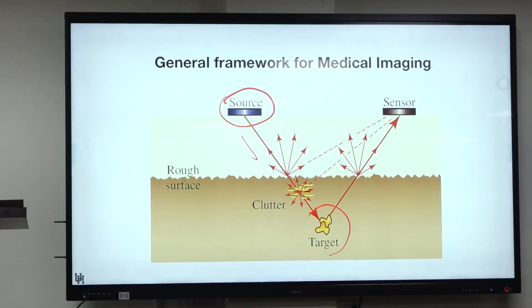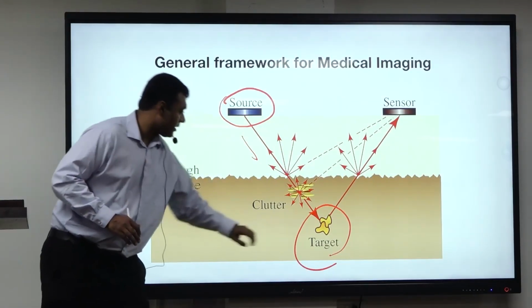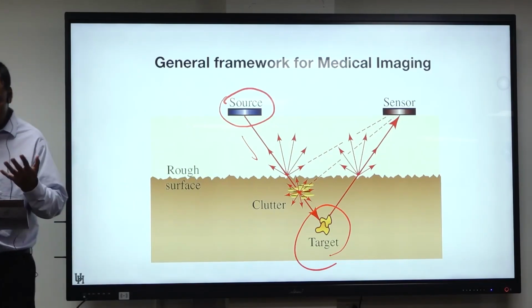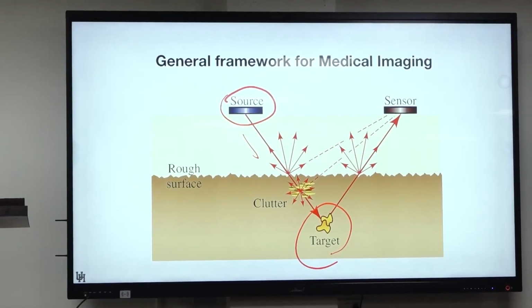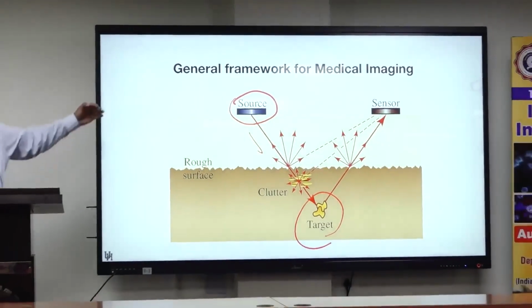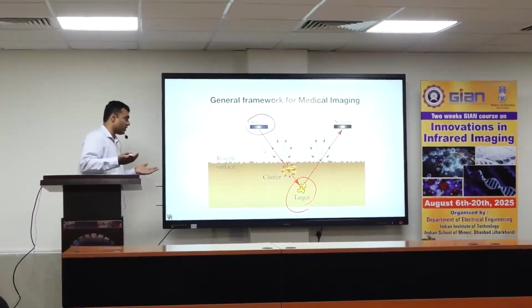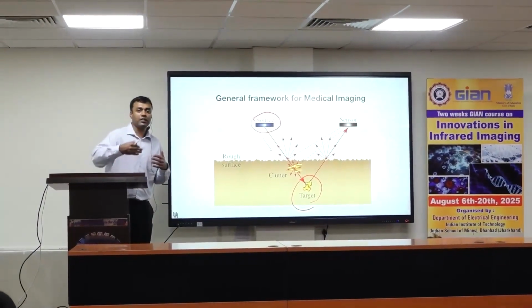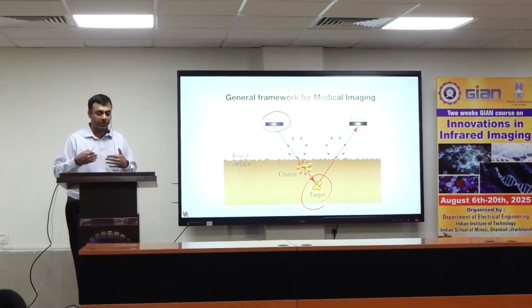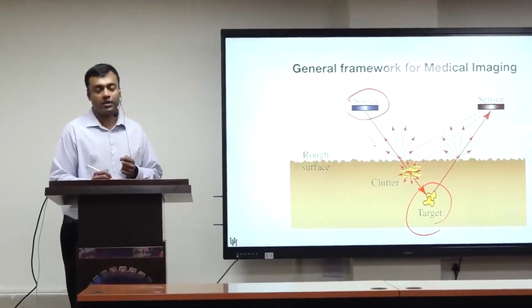There is something of interest, say the lungs or the kidney or some organ inside the human body. In between, there is no straight line. Our body is not transparent, and therefore there is something in between which will obstruct the direct view of this particular organ.